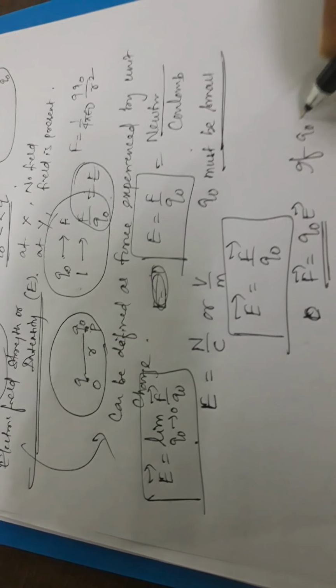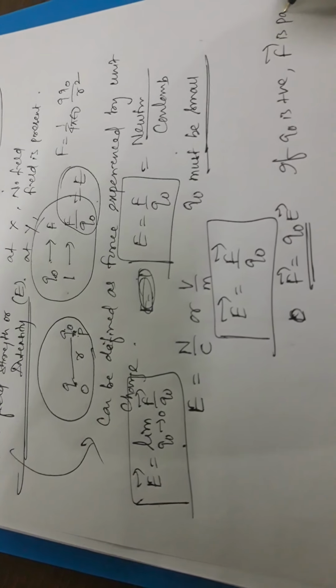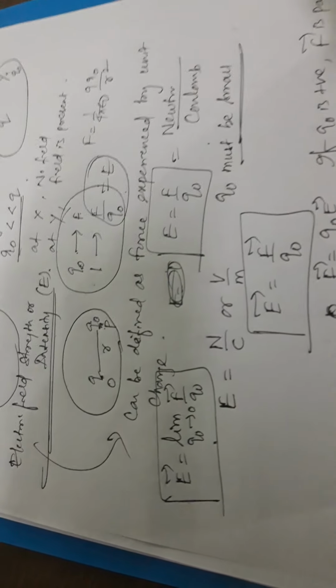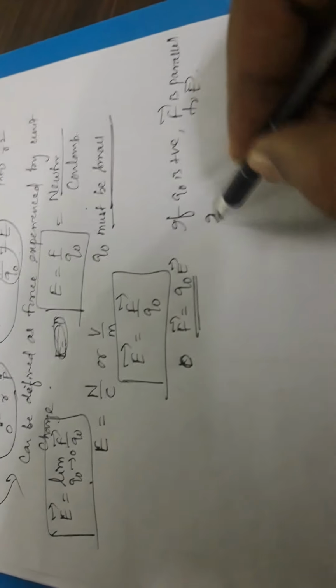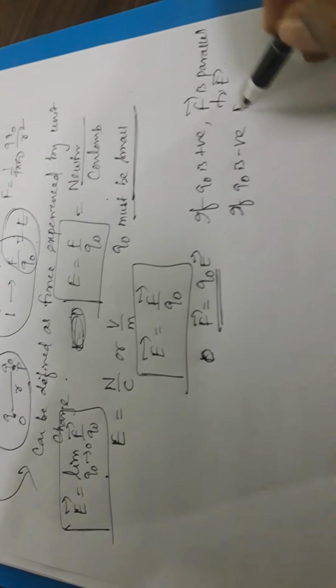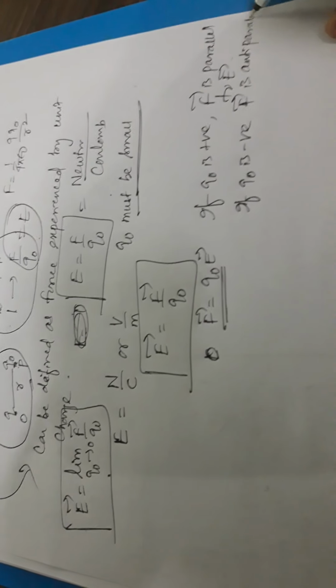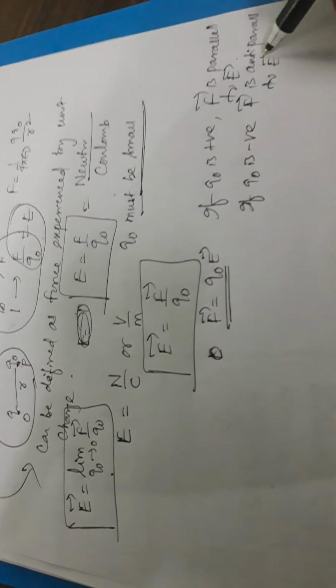If Q0 is positive, F vector is parallel to E. Okay. If Q0 is negative, then F vector is anti-parallel to E.